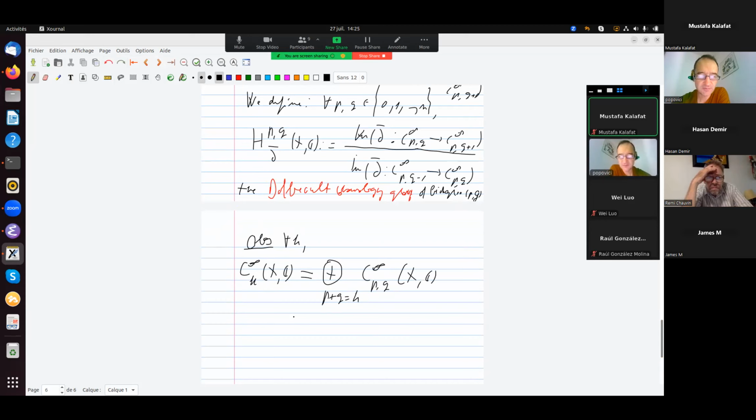Because any form alpha has a unique decomposition into pure type forms: alpha^{k,0} plus alpha^{k-1,1}, and so on, up to alpha^{0,k}. Sorry, it's not p0, so it's k0.